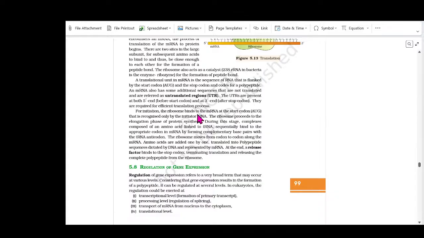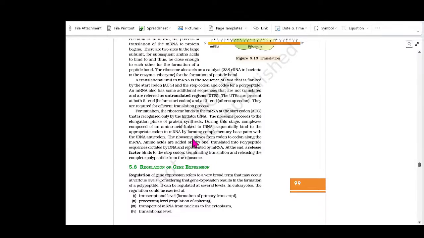For initiation, the ribosome binds to the messenger RNA at the start codon AUG, which is recognized only by the initiator tRNA. The ribosome proceeds to the elongation phase of protein synthesis. During this stage, complexes composed of an amino acid linked to tRNA sequentially bind to the appropriate codon in messenger RNA by forming complementary base pairs with the tRNA anticodon.